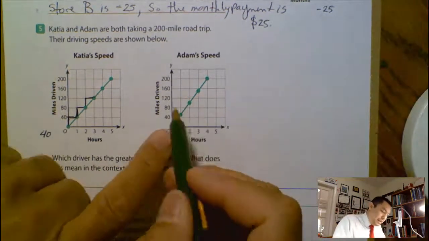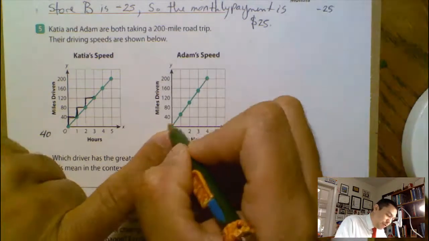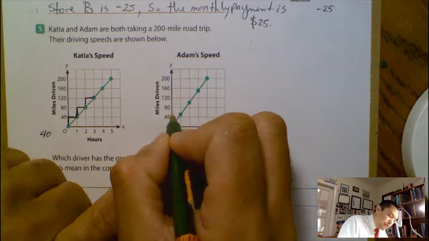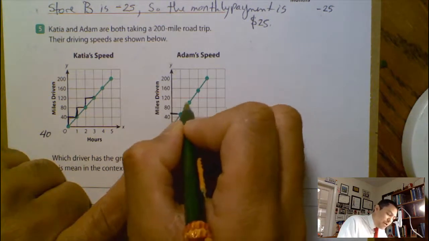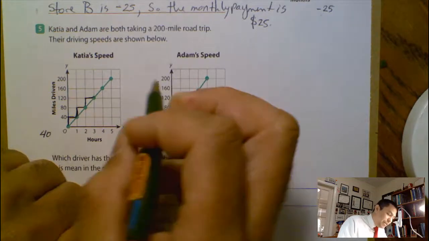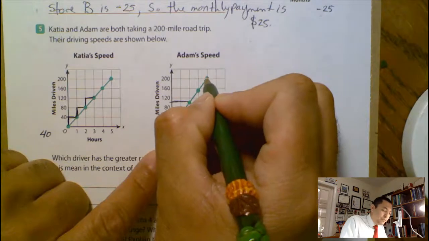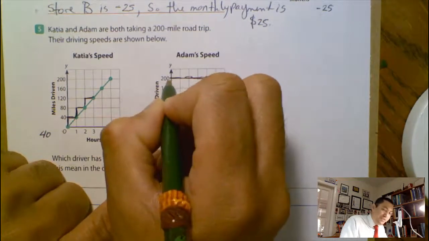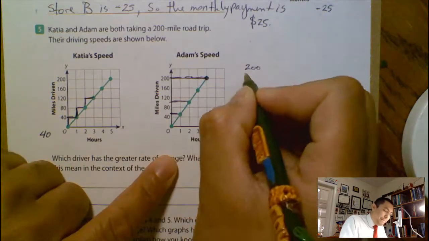Now let's see Adam. Okay, Adam is a little bit more complicated because you cannot see exactly the rate of change, but I know it's bigger than Katia's. Now I can figure it out if I go all the way to this point because it's telling me exactly it's at 200. It's at 200 over what?